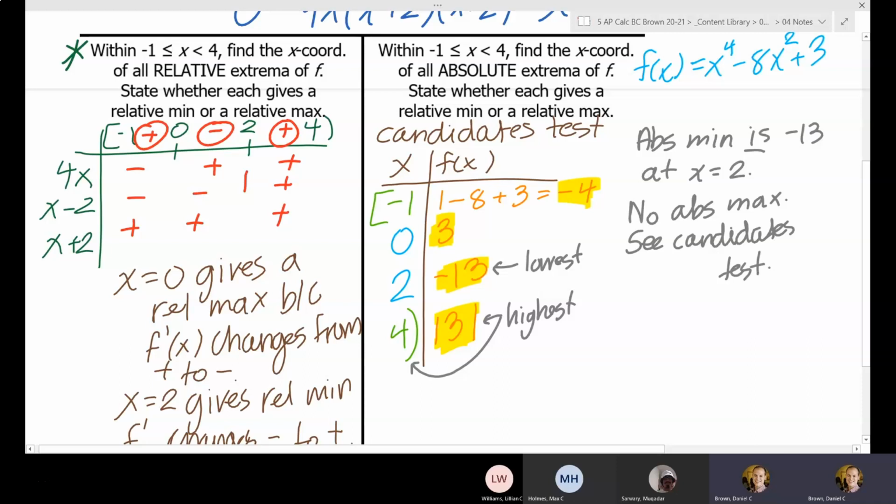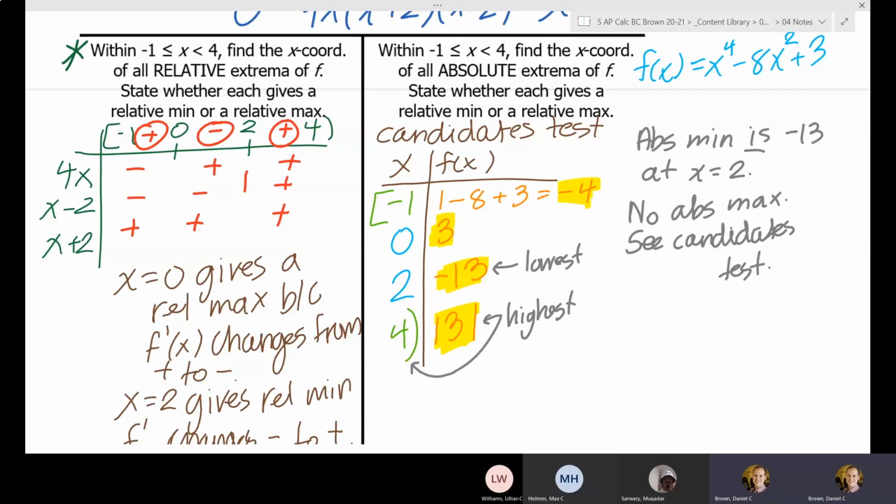If you don't show your candidates test clearly, you have to explain in a really long drawn out way, saying things like, since this is an endpoint and the derivative is positive leading up to that endpoint, I know that this has to be an absolute max. We use all these words. We don't need all those words if we've clearly shown, here's my candidates test and then my answer.